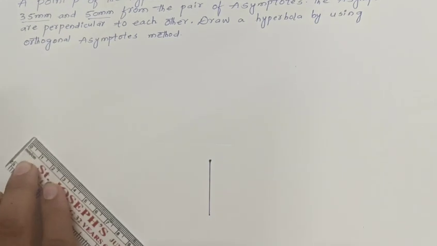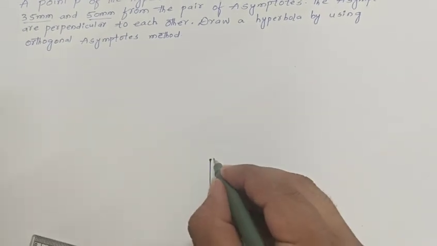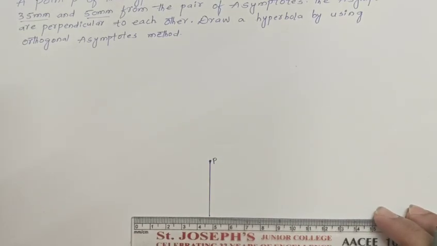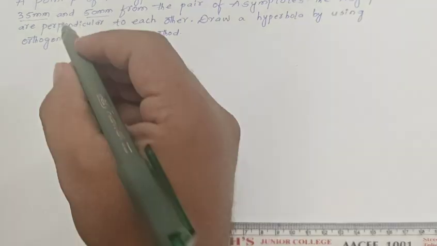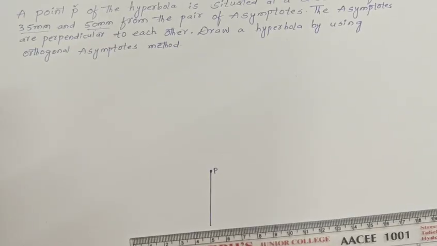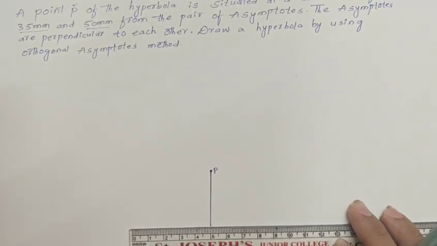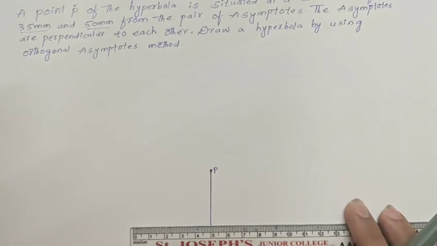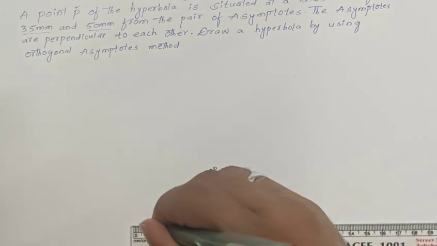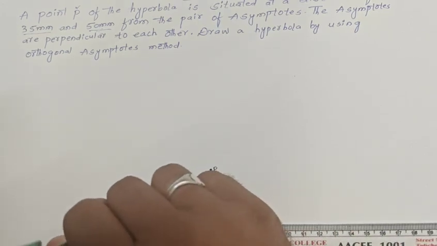Clear? And then this is the point P. And then the length, how much do we need to measure here? 50 mm, which is nothing but 5 centimeter. From this point, we need to measure a length of 50 millimeter, nothing but 5 centimeter. I am representing it here.